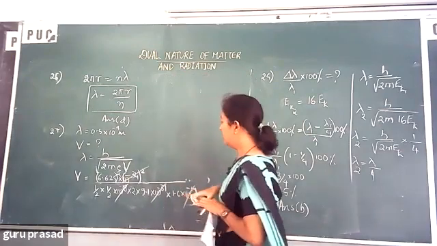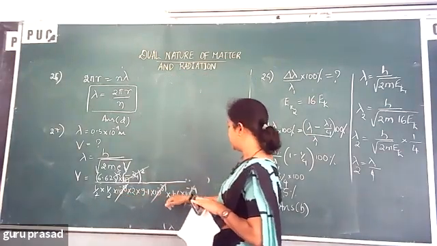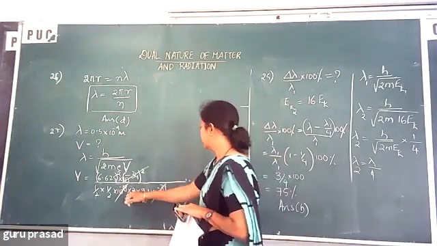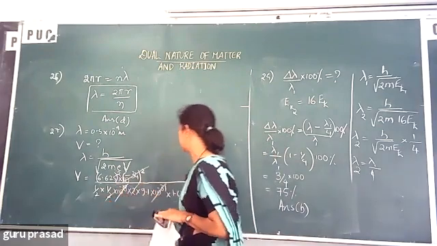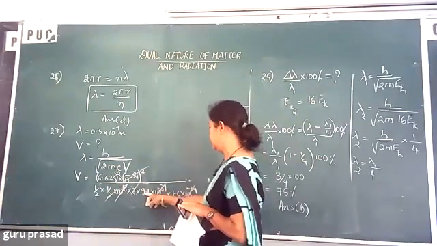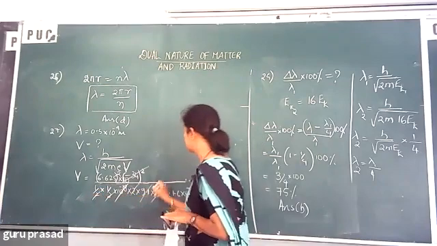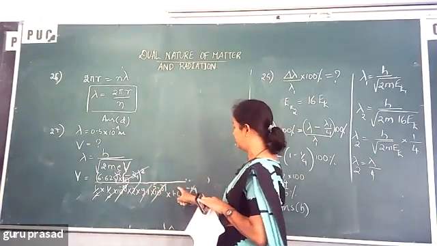Now, what you have here, you can write it as 3 by 2, 3 by 2. One of the 2's will cancel. This one is like 10 to 5's. This also will get cancelled, 5. This is 3 by 2.